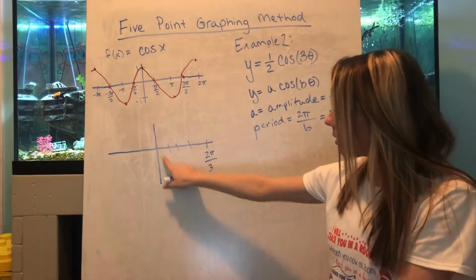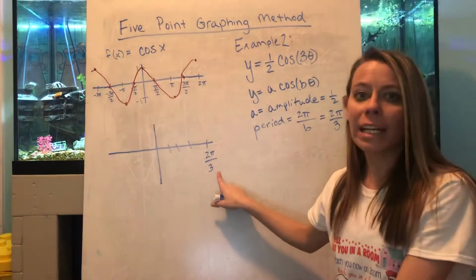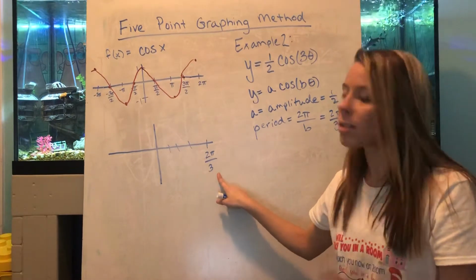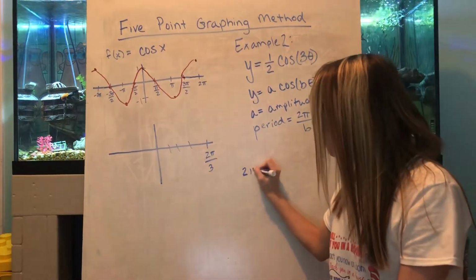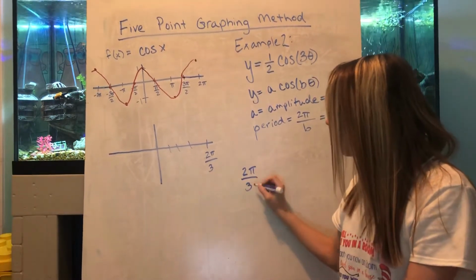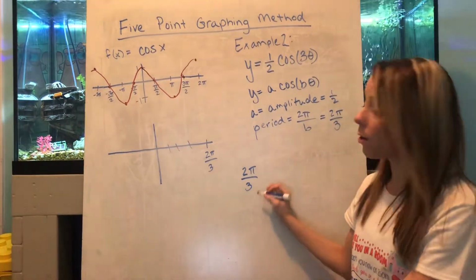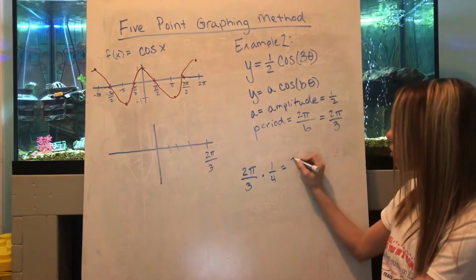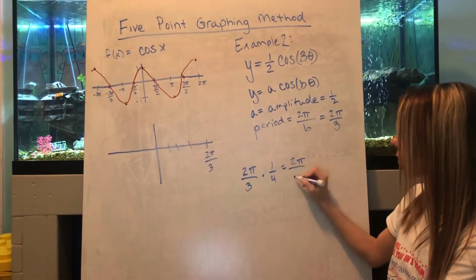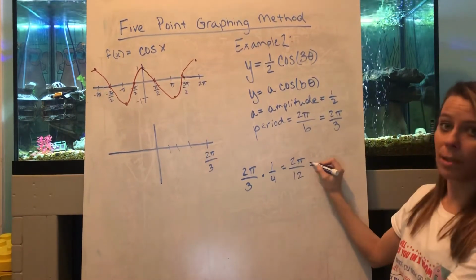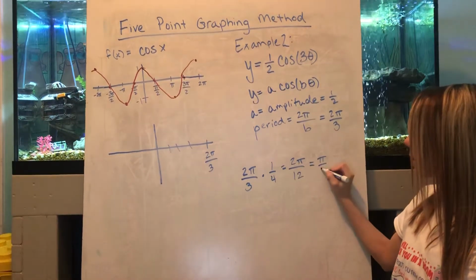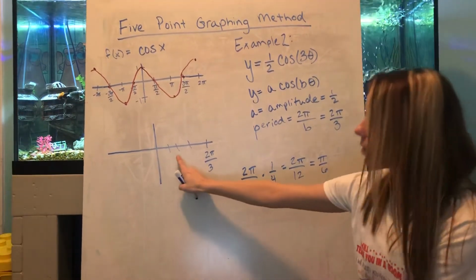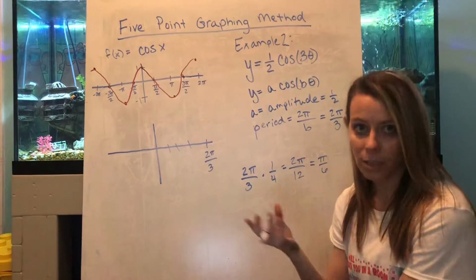Well, from 0 to 2 pi over 3 needs to be cut into fourths. So take 2 pi over 3 divided by 4, or multiply it by a fourth. So that's 2 pi over 12, which simplifies to pi over 6. So each one of these little tick marks represents pi over 6.